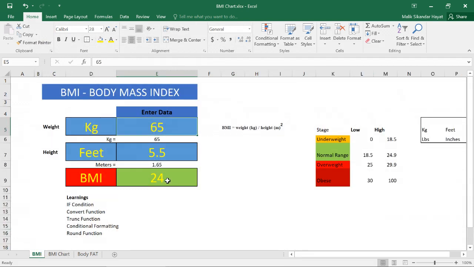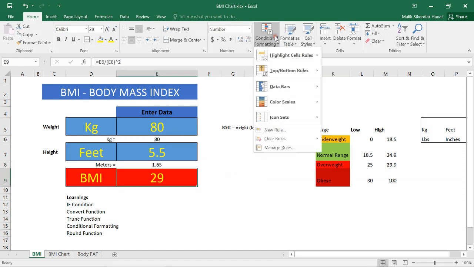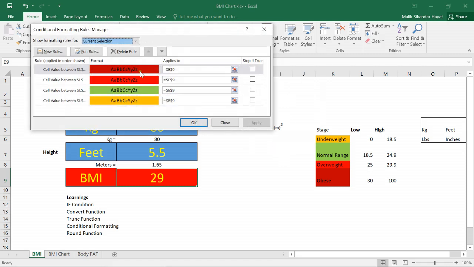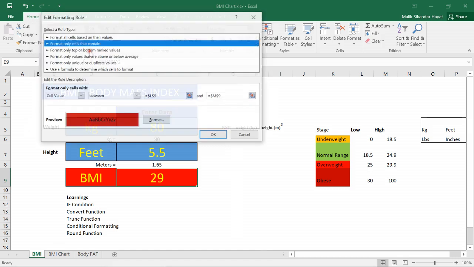Okay, in BMI I also used conditional formatting over here. So if you see here, now it is green. If I make it, let's say 80, see, it is becoming red, right? So what I did here, I went to conditional formatting, and from here you can keep adding. I added 4 over here, 1, 2, 3, 4. You can even change colors again if you need, or you can edit the rule.